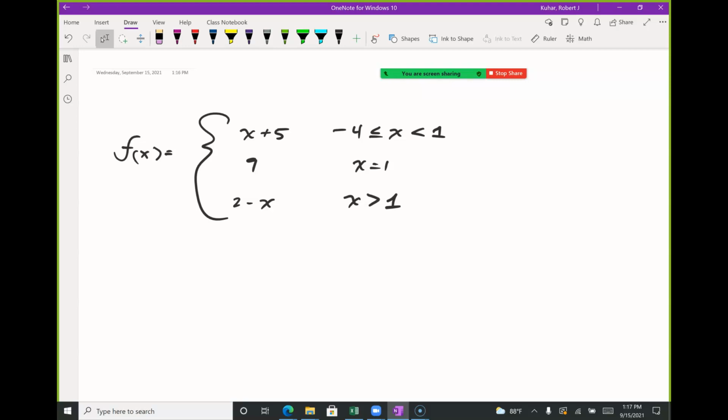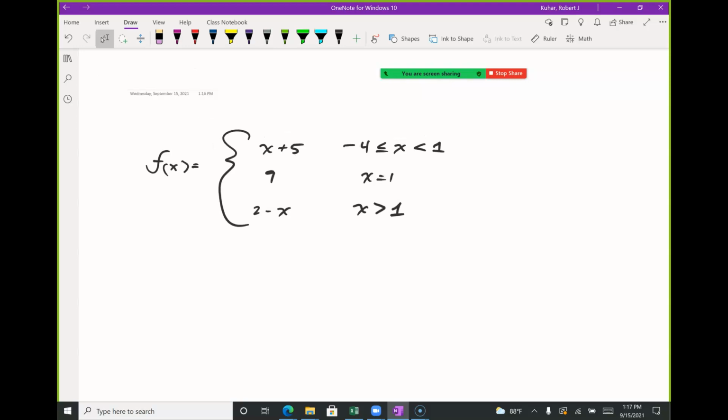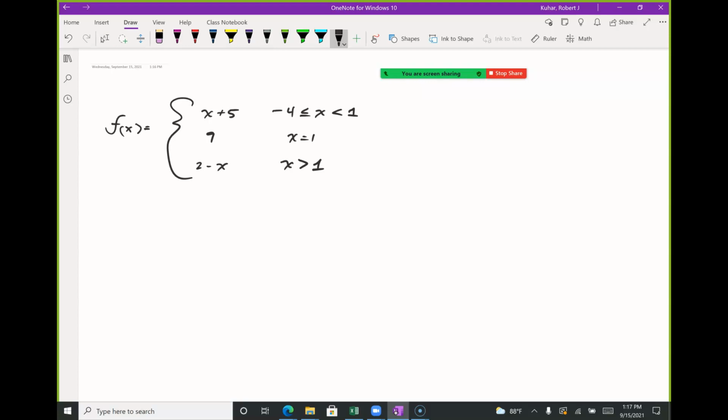So kind of similar to the last one, only the last one had a curve, right? y1 was a curve. Here I've got 2 lines and a point, right? So I want to graph this, and it certainly can graph x is 1, y is 9. Pretty darn quickly. So I've graphed my middle function.